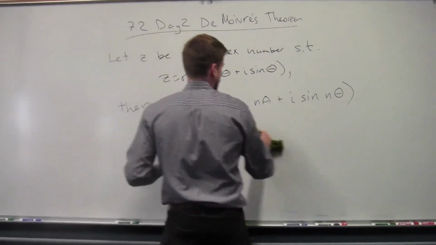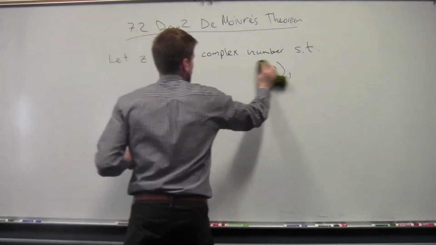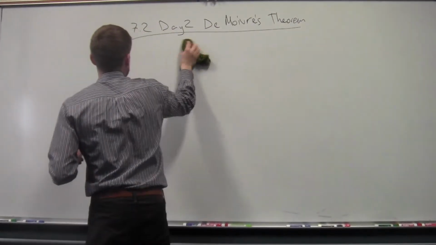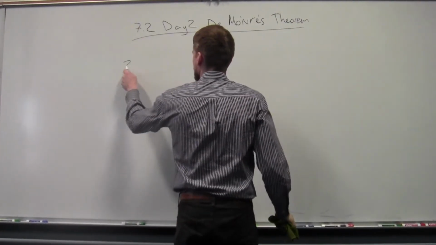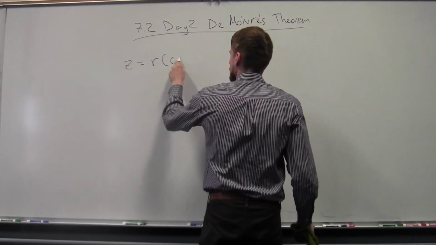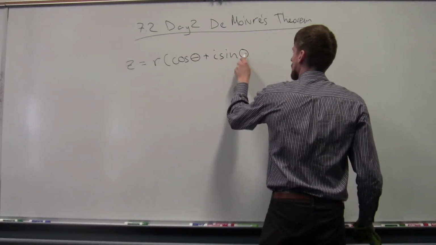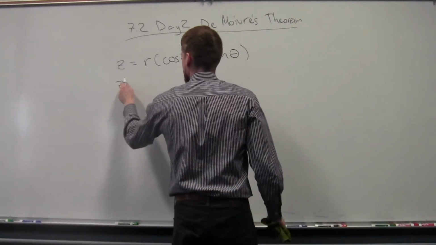Well, I'll try to write it out. So let's look at z. We'll start off with what z is. That's r cosine theta plus I sine theta. And then let's look at z squared.